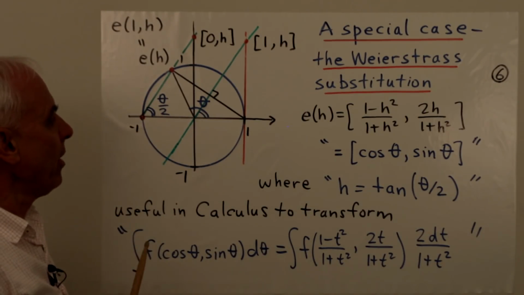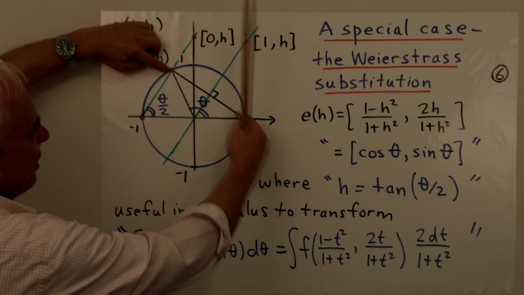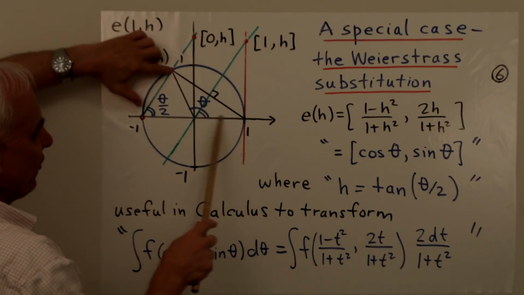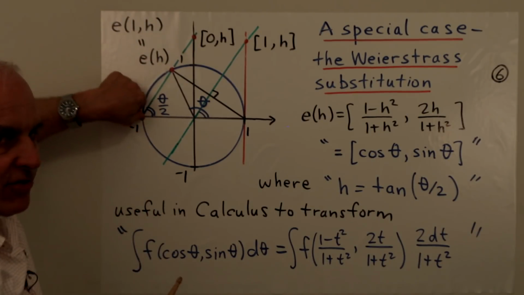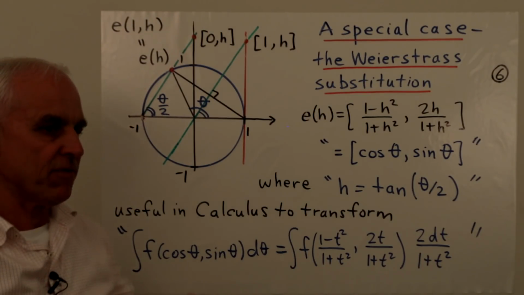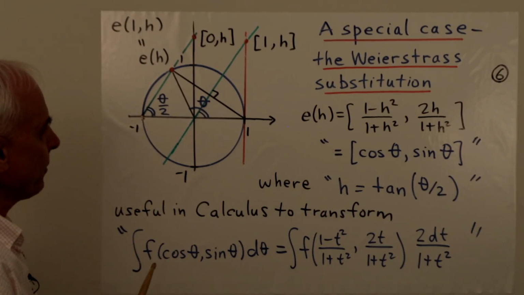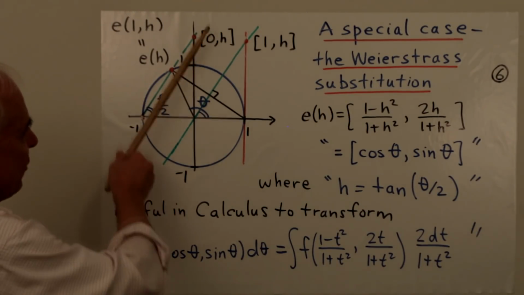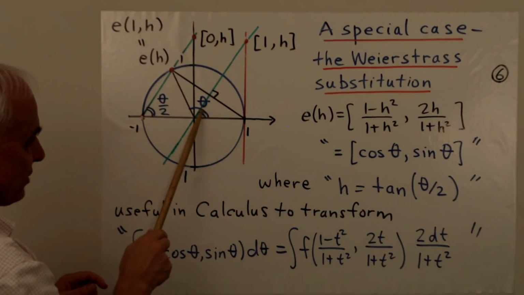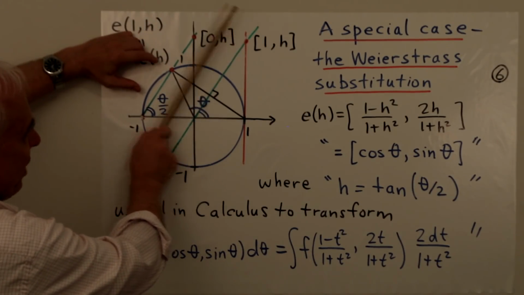And also, this angle over here, the same angle that subtends an angle of theta at the center, will subtend an angle of theta over 2 at the circumference. That's a familiar kind of fact of classical circle geometry. So that's theta over 2. And that tells us actually that this line and this line are going to be parallel, because that's theta over 2 and that's also theta over 2. Well, that's parallel to this.